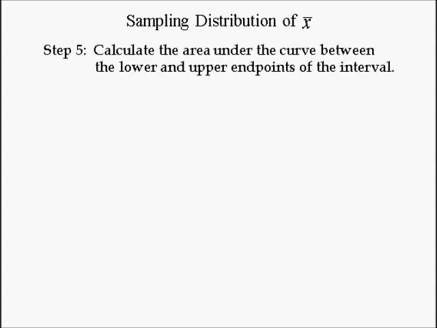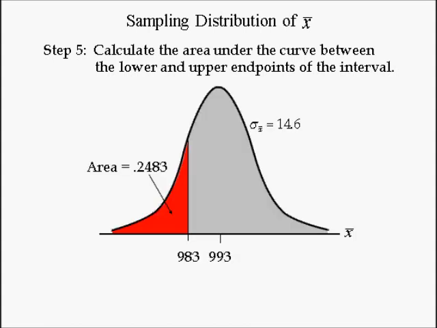To calculate the area under the normal curve between the lower and upper endpoints of the interval, 983 and 1003, we add the area of the lower tail, which is 0.2483, to the area of the upper tail, which is also 0.2483.